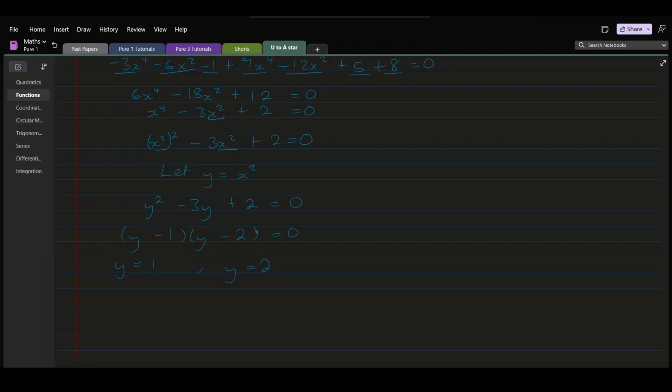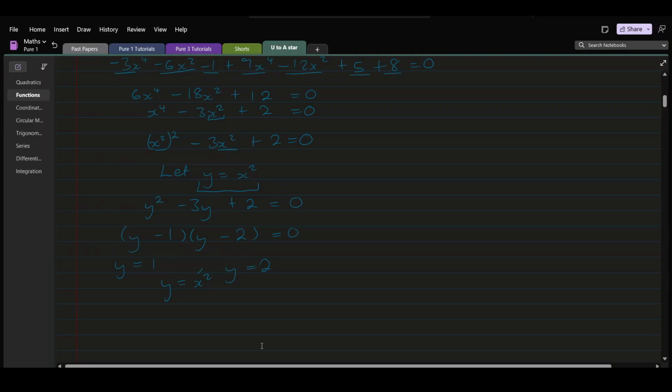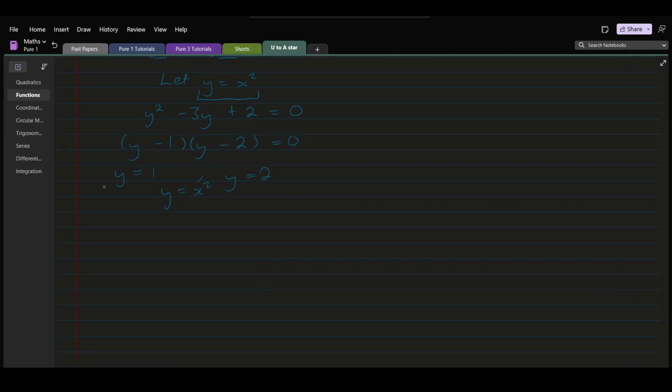And now remember that we are solving for x, we don't want y. So we're going to use our substitution to go back to x. So our substitution is y is equal to x squared. So now wherever there's a y, replace it with x squared. So this becomes x squared is equal to 1. And this becomes x squared is equal to 2.